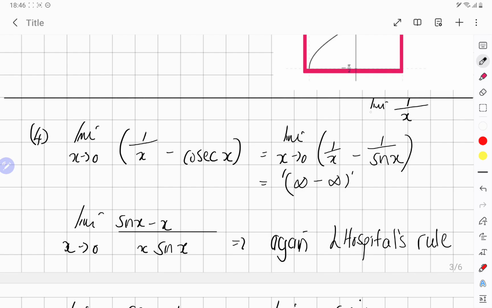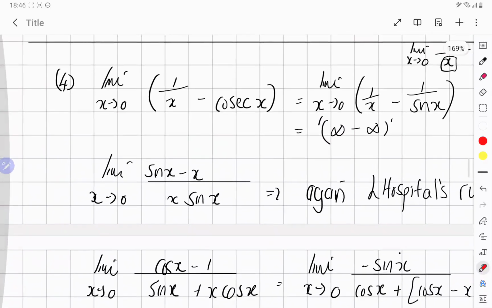As my denominator is getting smaller and smaller, my fraction will get bigger. So, the same situation here. As x is approaching 0, sine 0 is 0. 1 over the denominator approaching 0, infinity. What do I see? Very, very important, I get my indeterminate form.